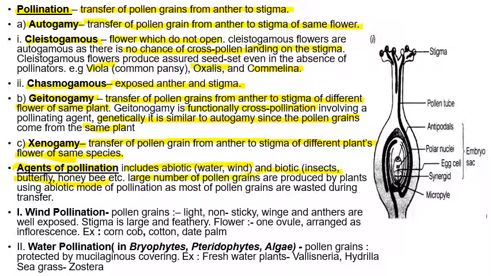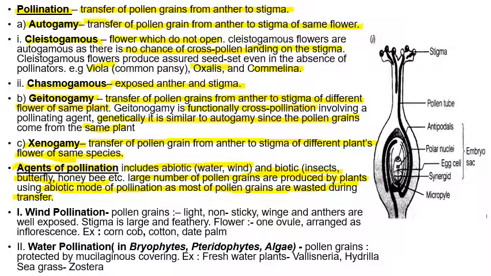A large number of pollen grains are produced by plants, and by using these mediums, either abiotic or biotic, the pollen moves and reaches the female part. In abiotic modes of pollination most of the pollen grains are wasted during this transfer, so more pollen is formed.